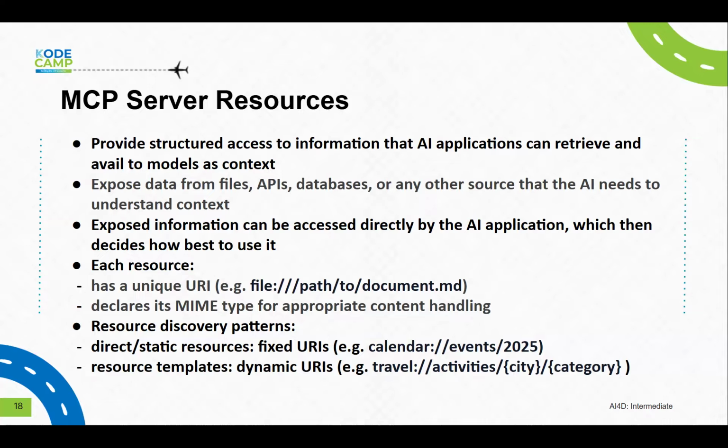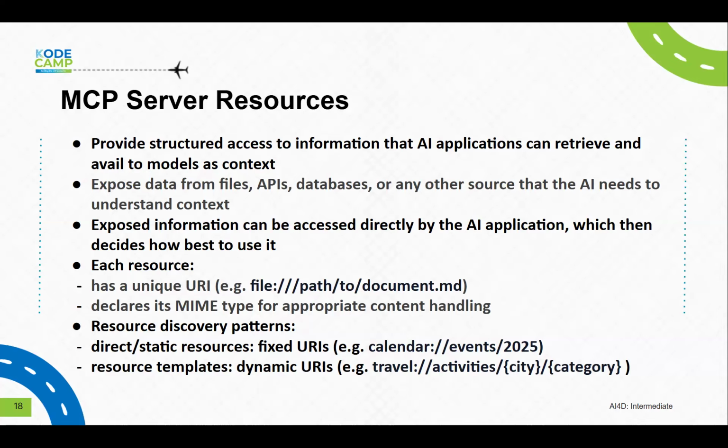There are two categories of MCP server resources. It can either be a static resource, in which case the URI is fixed. I should have mentioned that each MCP server resource has a unique URI and also declares its MIME type.